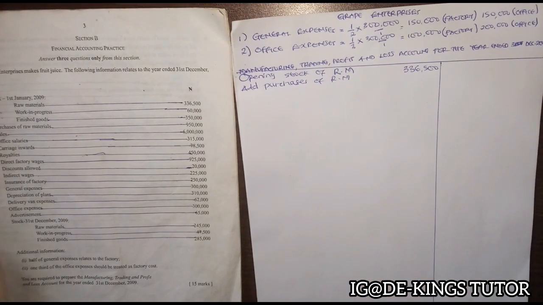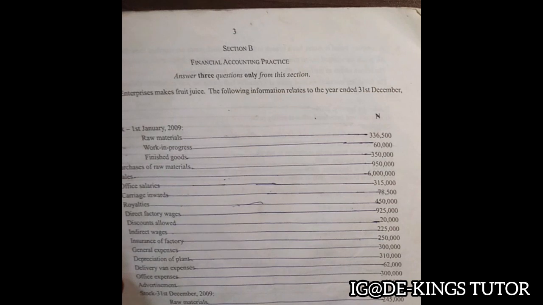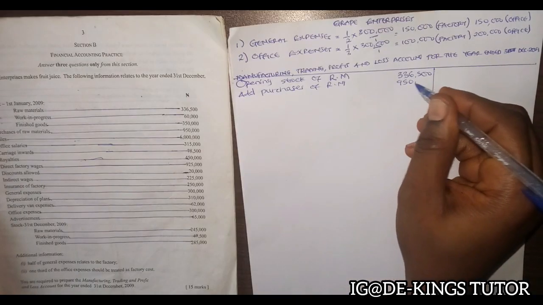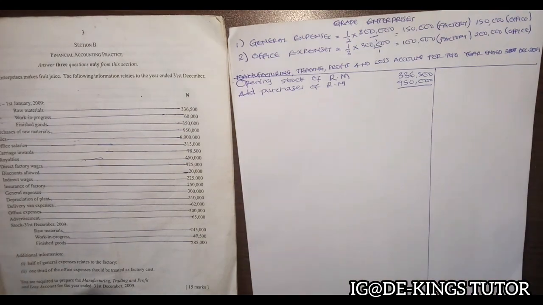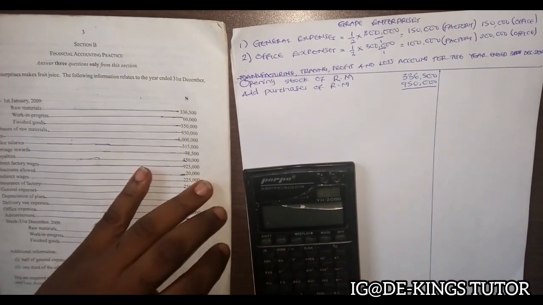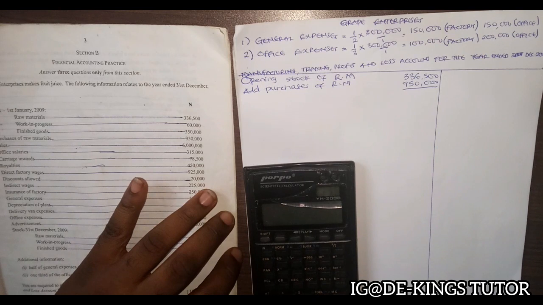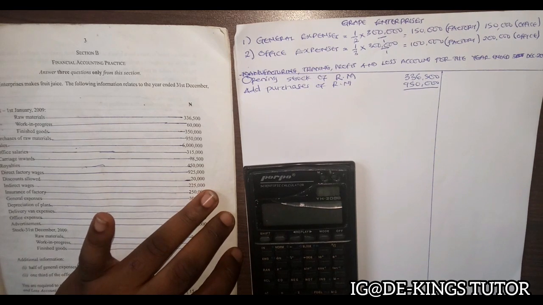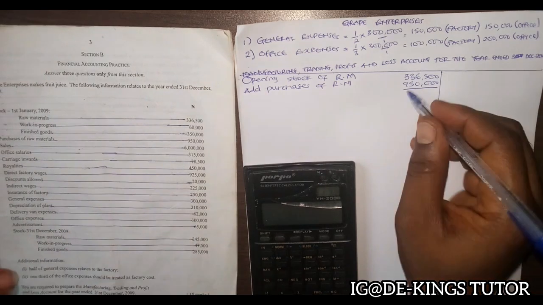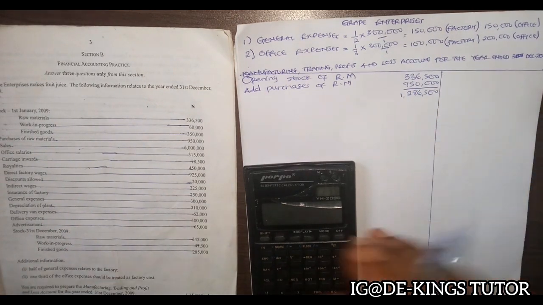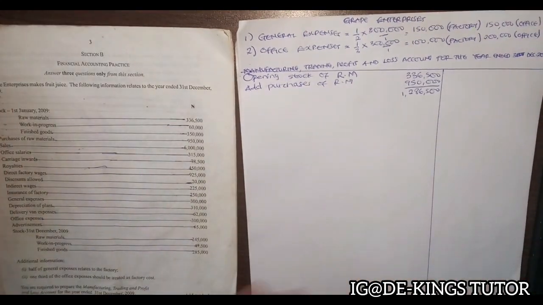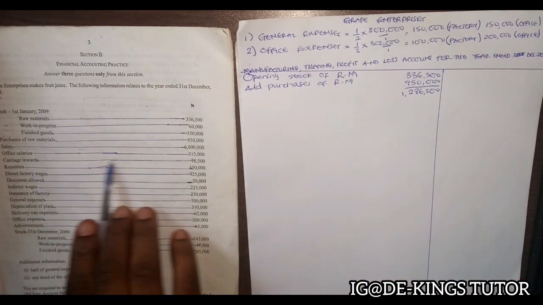Okay, so the purchase of raw materials is 950,000. So if you add them together, 336,500 plus 950,000, that is 1,286,500.